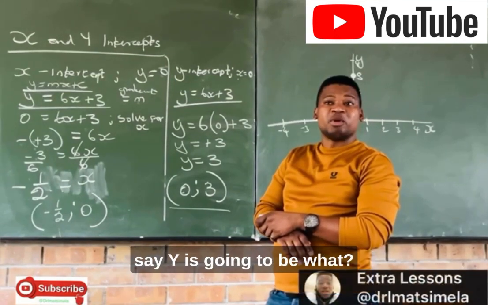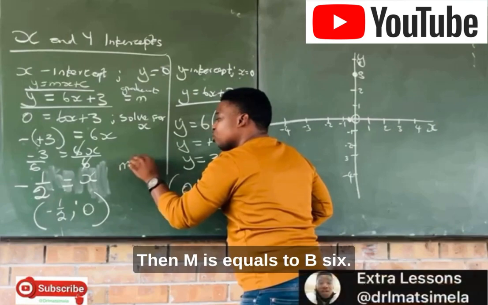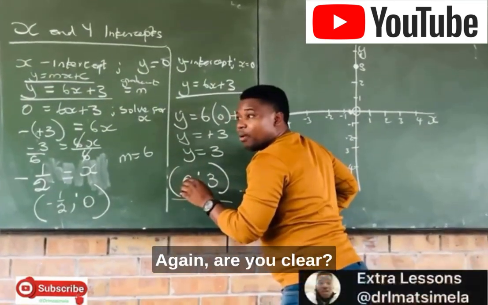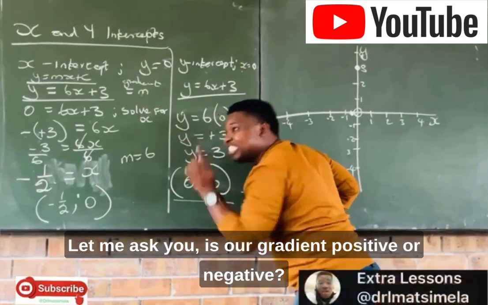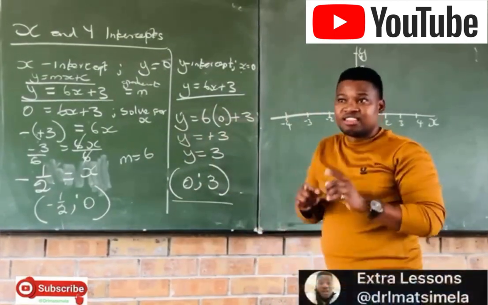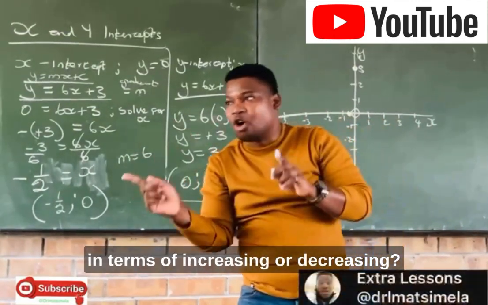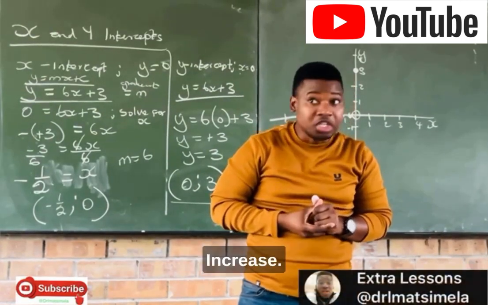The gradient is going to be 6, right? Then m is equal to 6. Are you clear? Let me ask you, is our gradient positive or negative? Positive. What is the shape of the graph in terms of increasing or decreasing? The graph is going to increase.